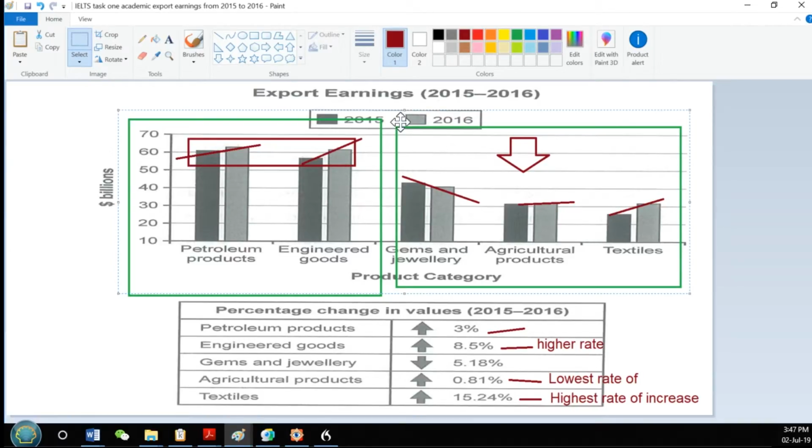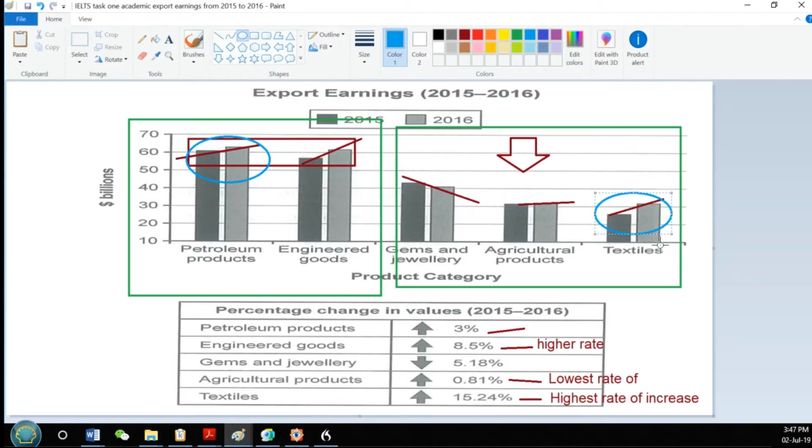So for me, that's the most important and interesting thing about this report, that 1 of the categories decreased. Now, if you wanted to add another sentence, or you wanted something different, you could instead talk about something different. You could mention the highest category and the lowest category. So that's another way to do your overall summary.